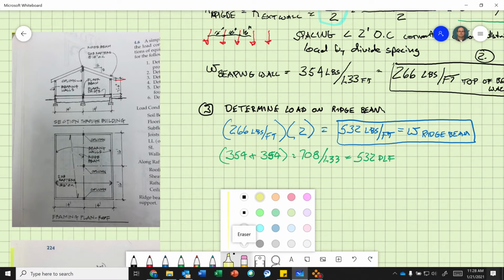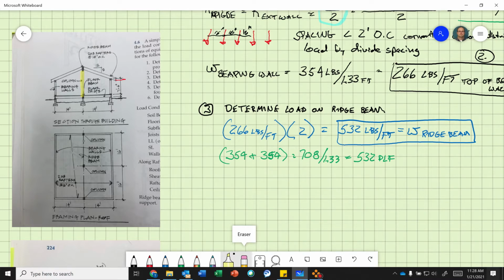So the columns, okay? So now right here, this is where we're looking. Now you got to determine what's holding up the ridge beam. The columns are holding up the ridge beam. Would you agree? So that means we have to determine the reactions on the ridge beam.